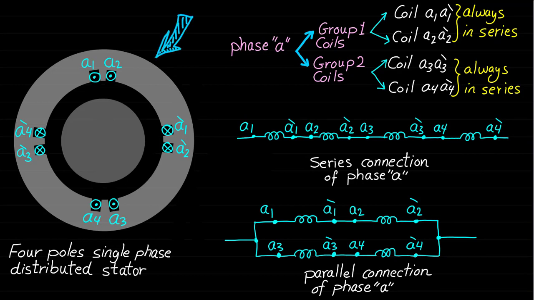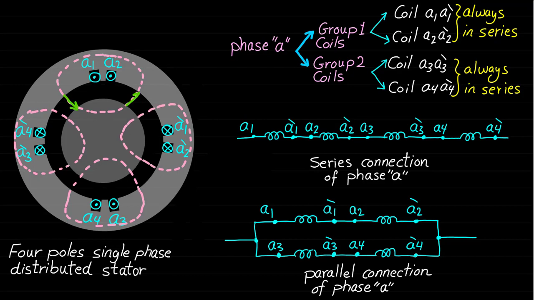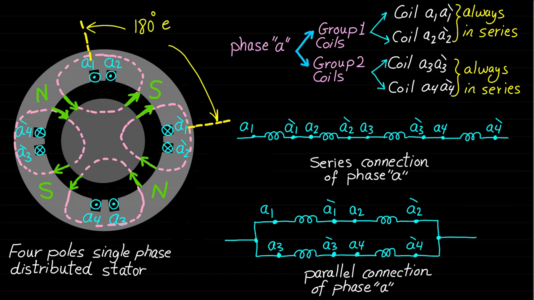This single-phase stator represents four poles because these two groups of coils produce magnetic fields equivalent to the magnetic field of four poles, two north poles and two south poles as shown. Note that the angle between the sides of each coil in these two groups is 180 degrees in electrical angle.